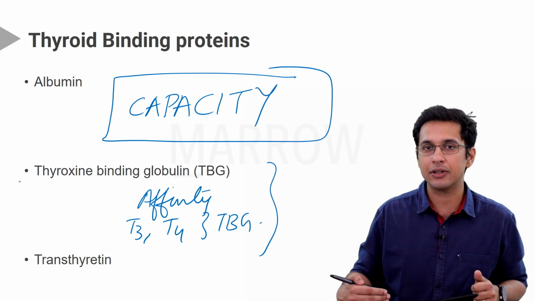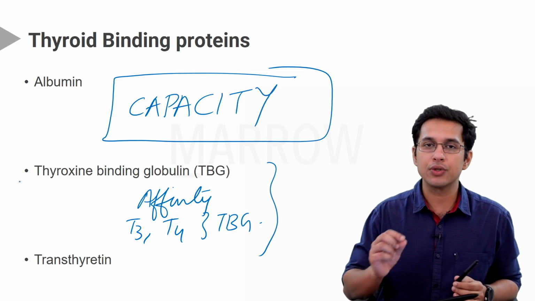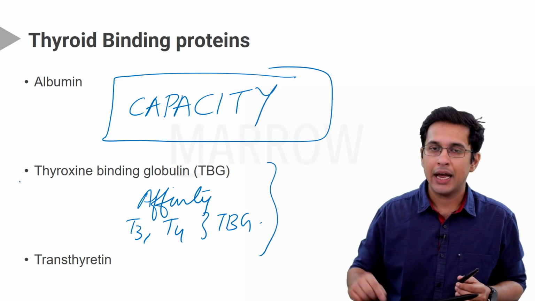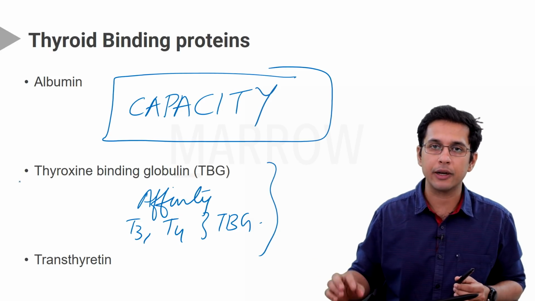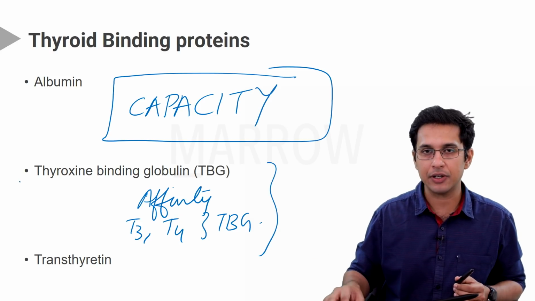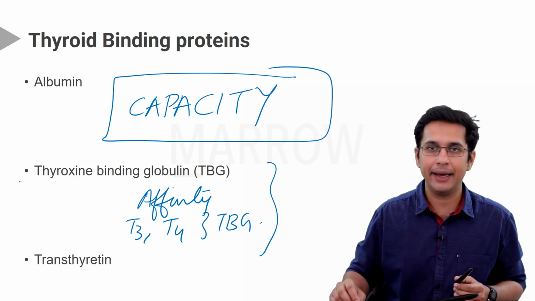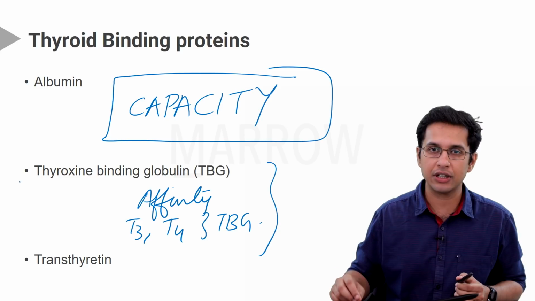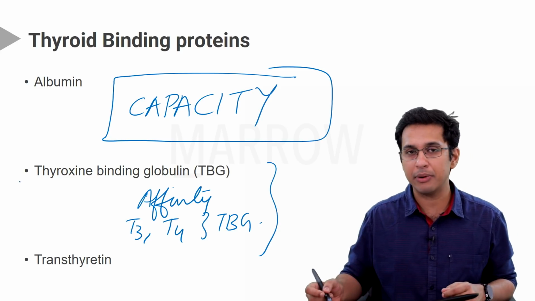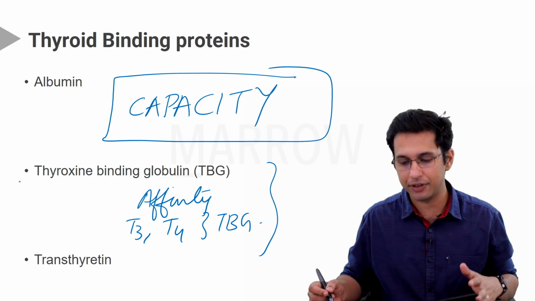TBG deficiency happens in protein losing states, for example, nephrotic syndrome, androgen excess or androgen given as a drug, liver disease, acute intermittent porphyria. In these conditions, there is a TBG deficiency.